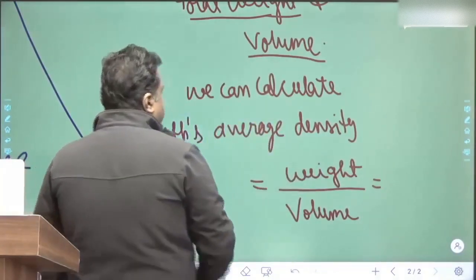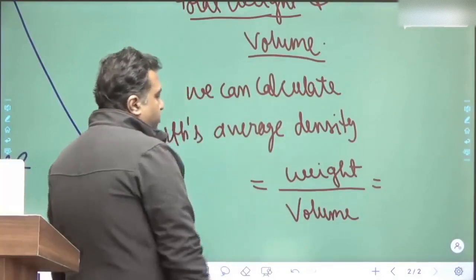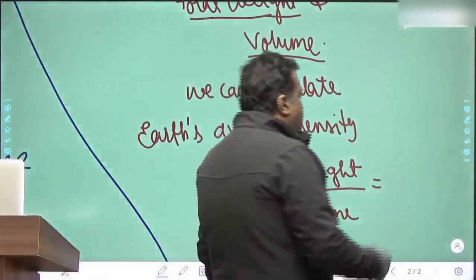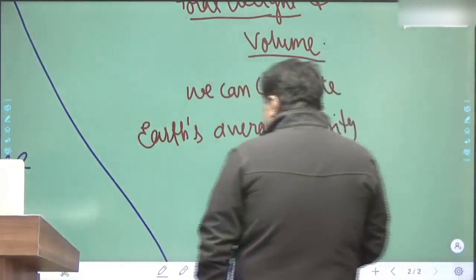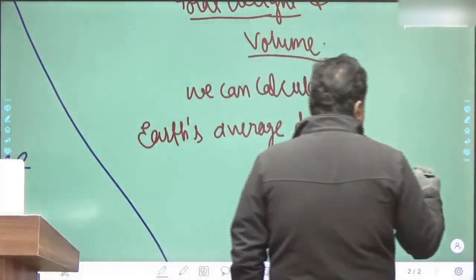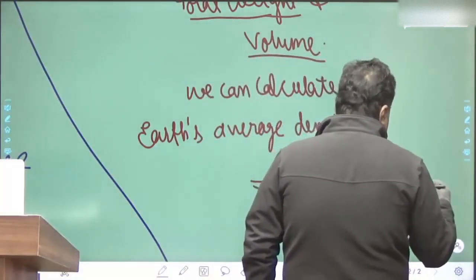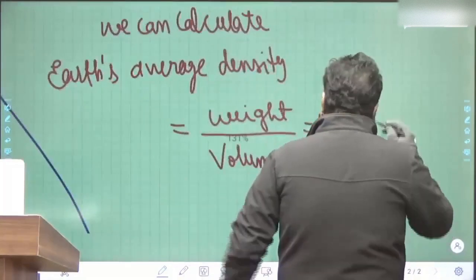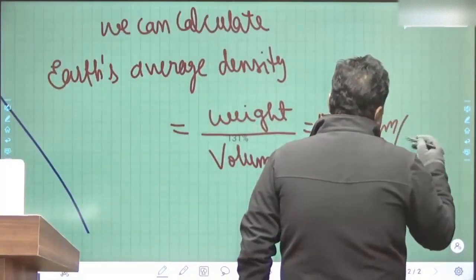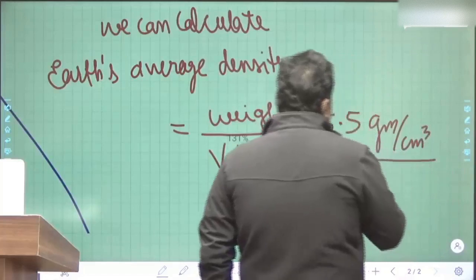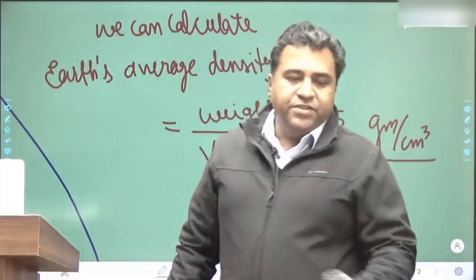Earth's average density is equal to weight upon volume. And this we have calculated to be around 5.5 grams per centimeter cube.